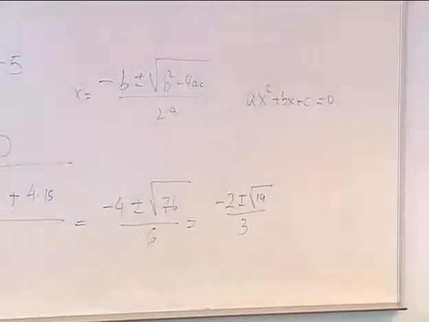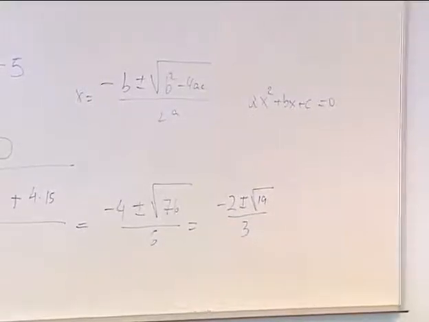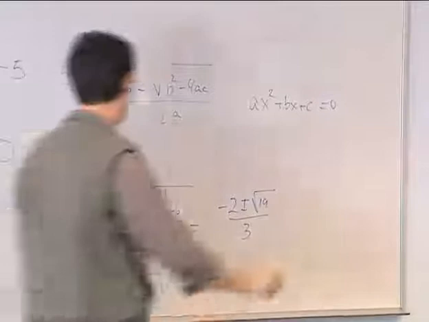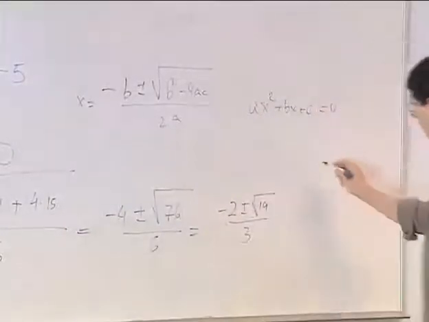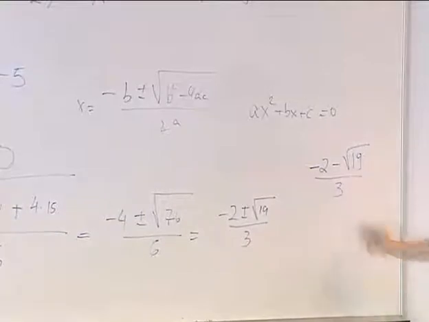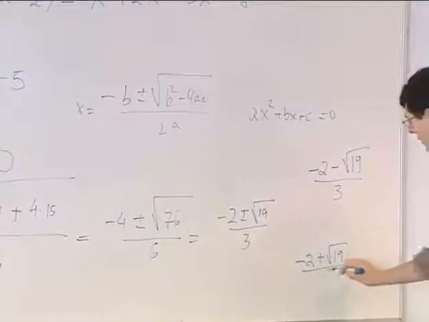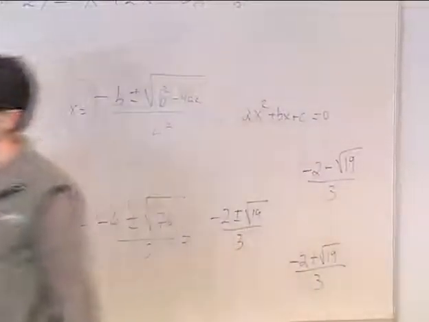So let's take a look at what happens here. I'm going to put these two values of x in here. One is negative 2 minus root 19 divided by 3, and the other is negative 2 plus root 19 divided by 3.